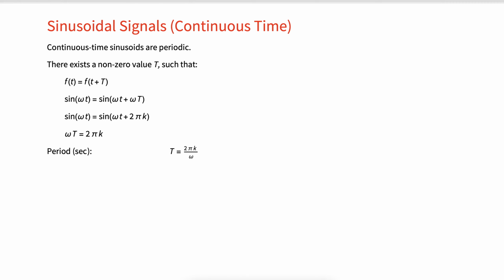To get the smallest such number for the period, we replace k with 1, and so the period of the sinusoidal function sin(ωt) is 2π/ω. We can also express the angular frequency in terms of T as 2π/T. And the frequency f in hertz is equal to 1/T. Finally, ω can be written in terms of f as 2πf.